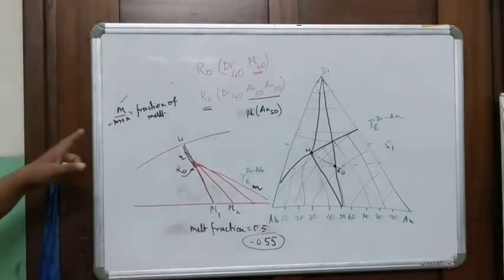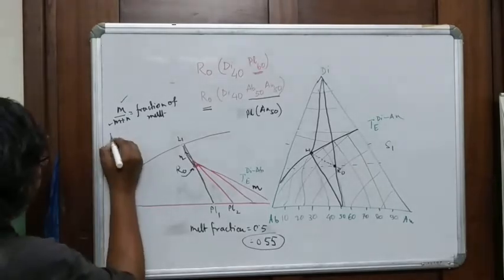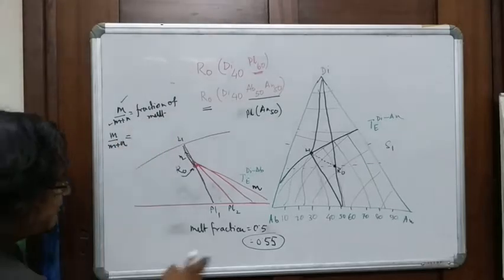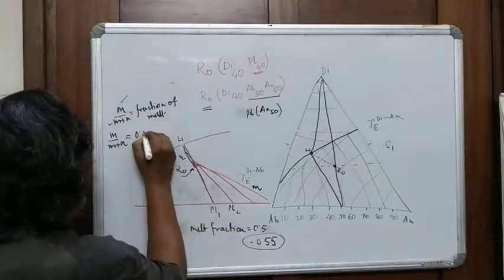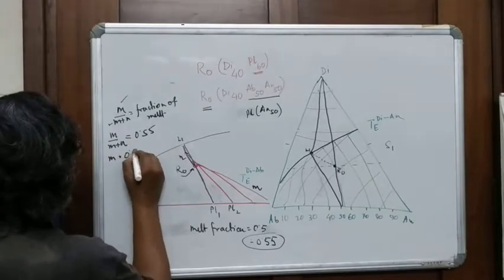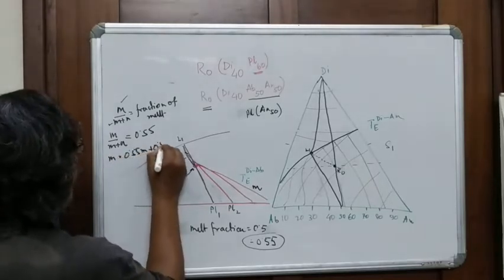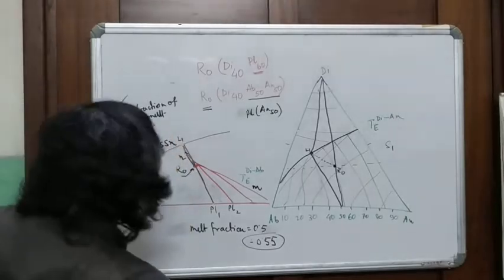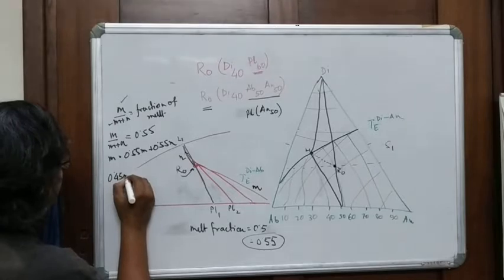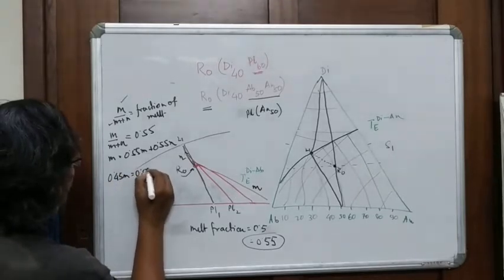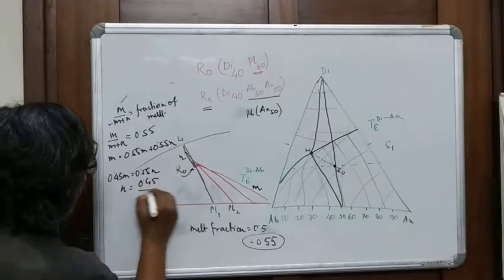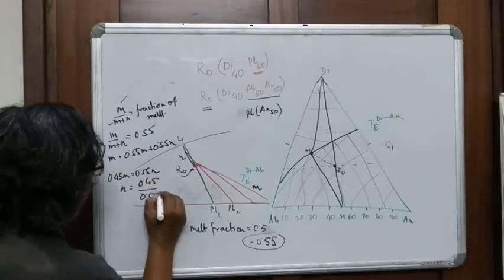What you want to find out is n. So m divided by m plus n, which is the fraction of the melt, is 0.55. So your m is equal to 0.55 m plus 0.55 n. So you have 0.45 m is equal to 0.55 n. So n will be equal to 0.45 divided by 0.55 times m.